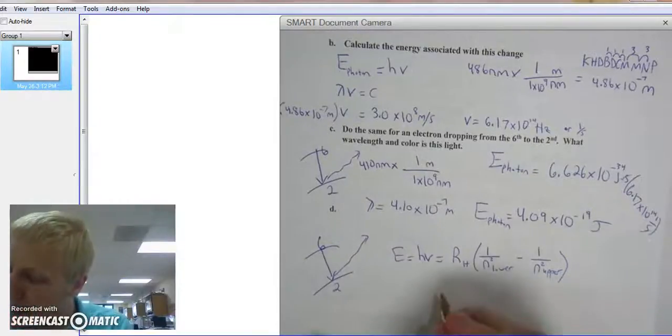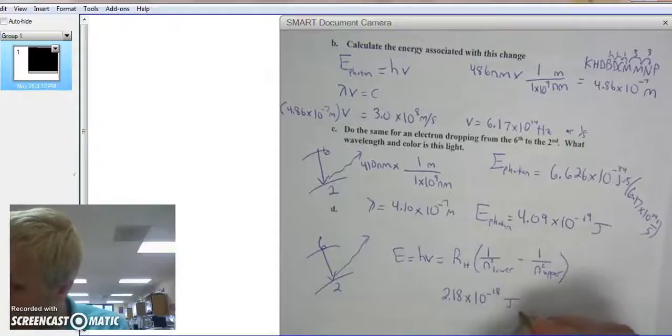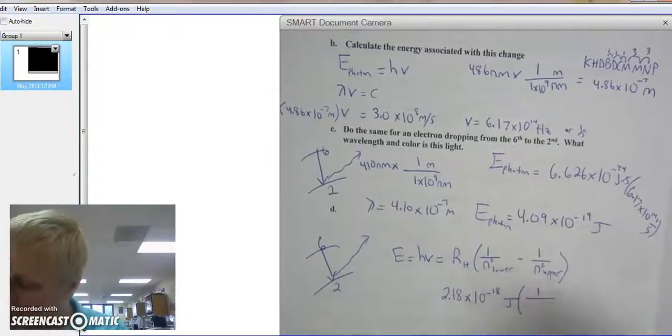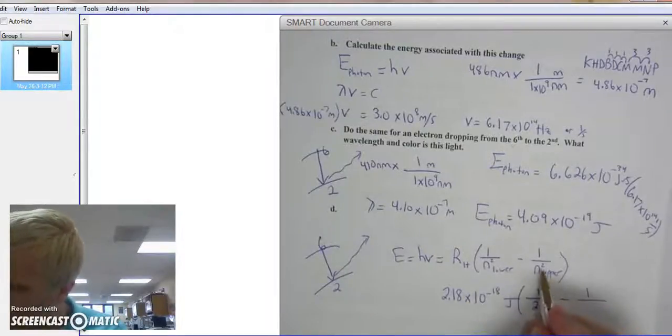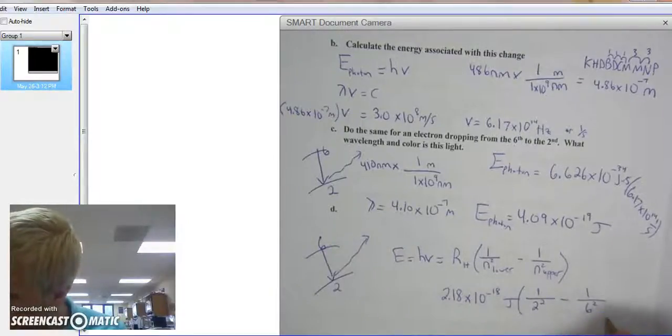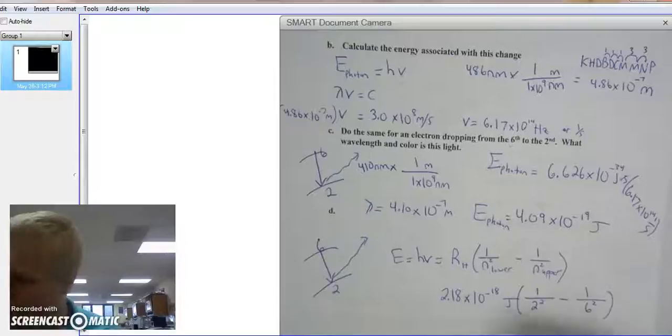Alright, so what is the Rydberg constant? The Rydberg constant is 2.18 times 10 to the negative 18th joules. We're going to multiply this by 1 over n squared lower, our lower being 2 squared, minus 1 over n squared upper, upper being 6 squared. 2 squared is 4, so that's really 1/4, which is 0.25.